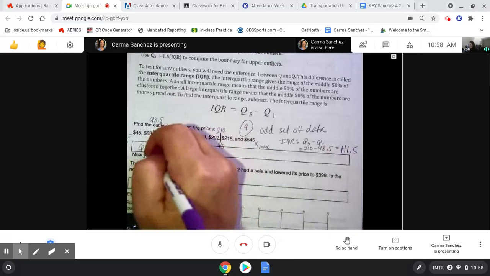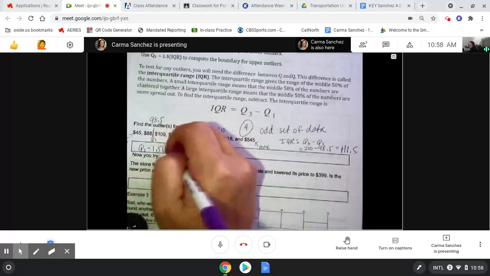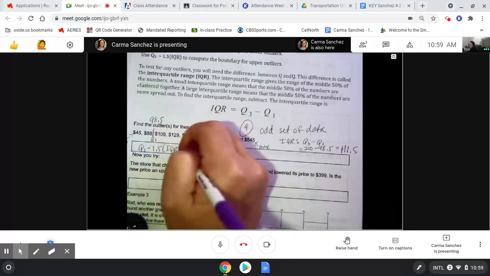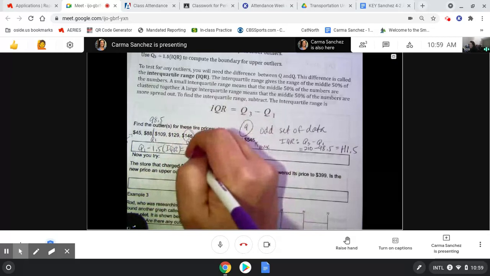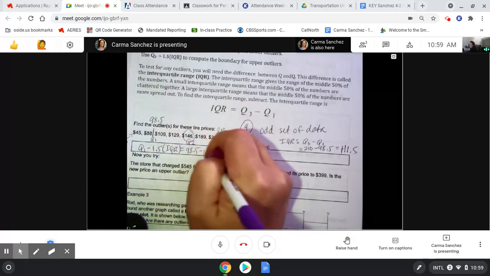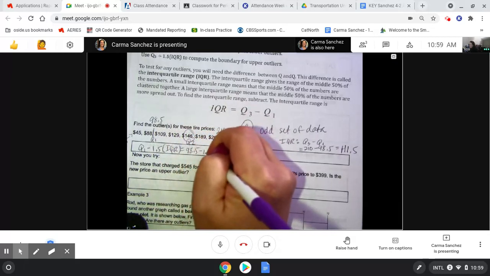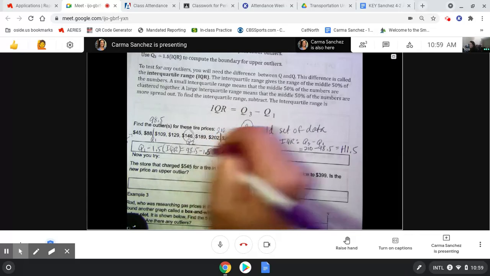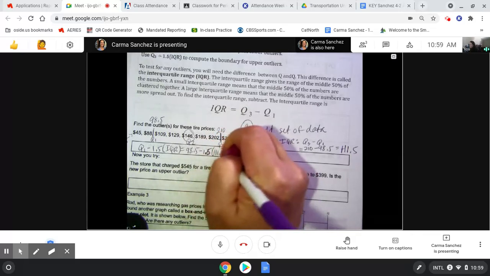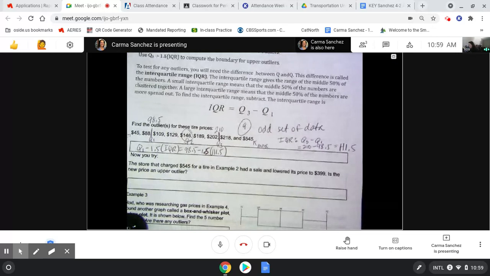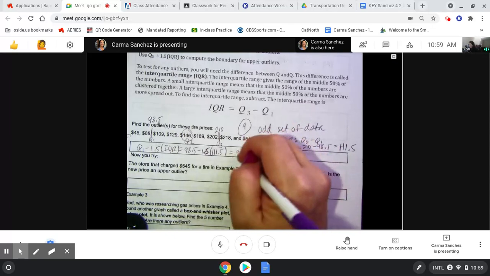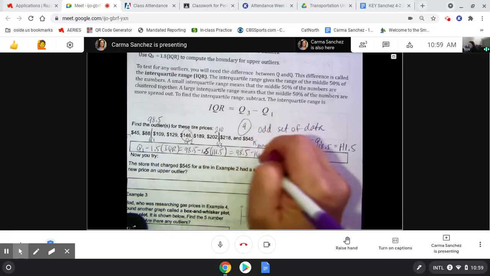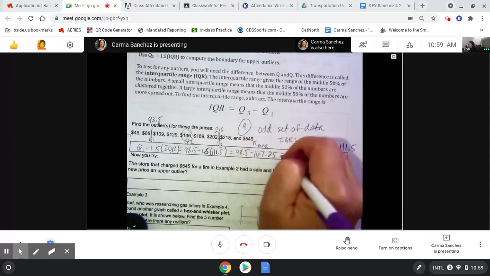Q1 minus 1.5 times the IQR is going to be 98.5 minus 1.5 times 111.5. So 111.5 times 1.5 is 167.25. So this is 98.5 minus 167.25.